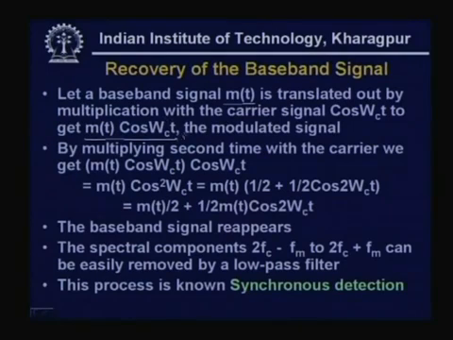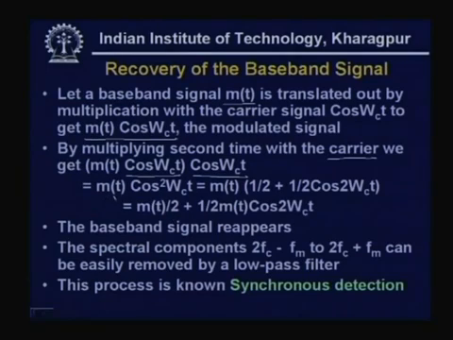Now, we multiply this using the carrier signal. If we multiply the modulated signal a second time with the carrier signal, first time we have multiplied with the carrier signal to get the modulated signal, now you are multiplying a second time. Let us see the effect.